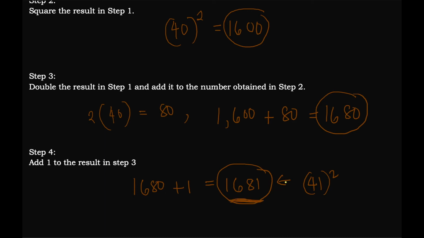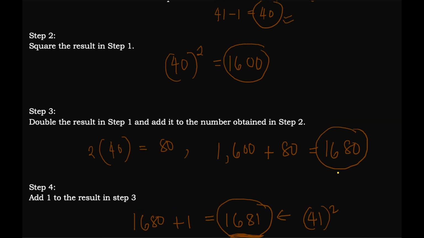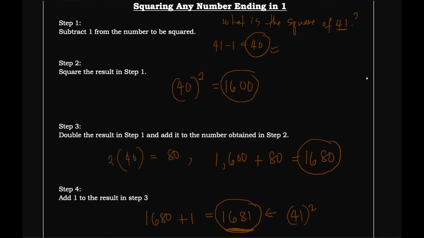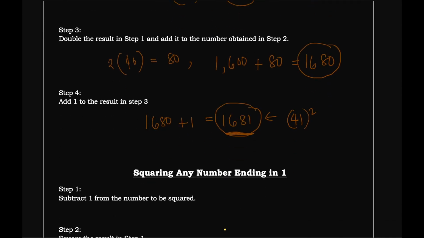You can review that with your calculator, and you can verify if really the square of 41 is 1,681. So you see, we were able to square a number ending in 1 by just following 4 steps. Now in the first example, the number that we have squared is 41, and 41 squared is 1,681.